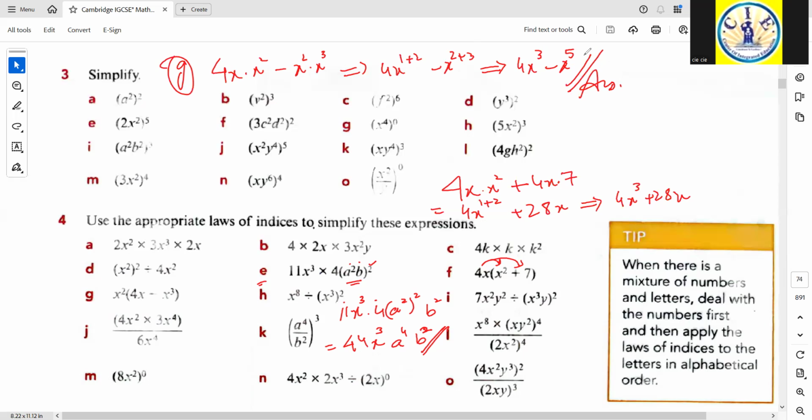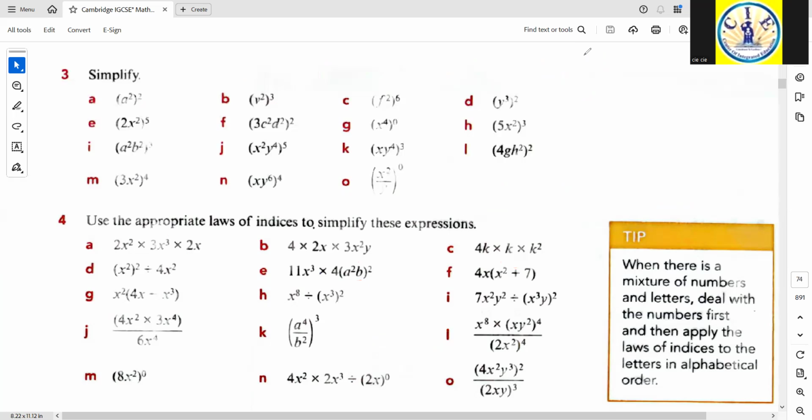Okay, then for part H, x raised to power 8 divided by x raised to power 3 times 2, which will give me x raised to power 8 divided by x raised to power 6. And now applying the second rule of indices, x raised to power 8 minus 6, that is x raised to power 2.